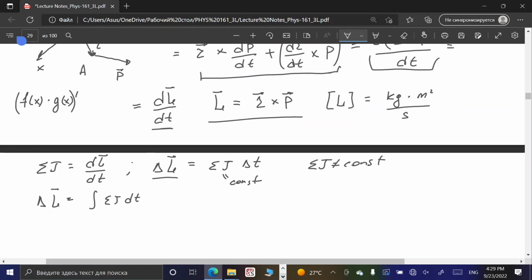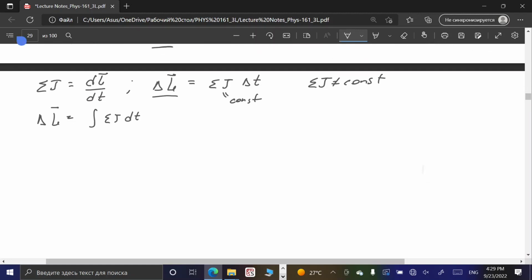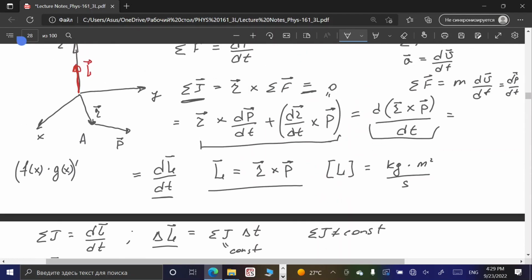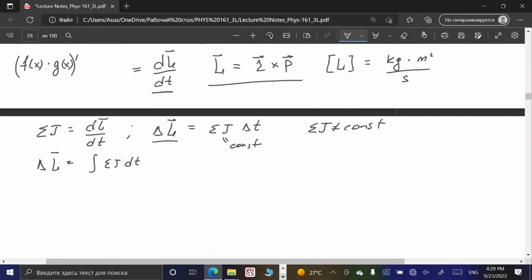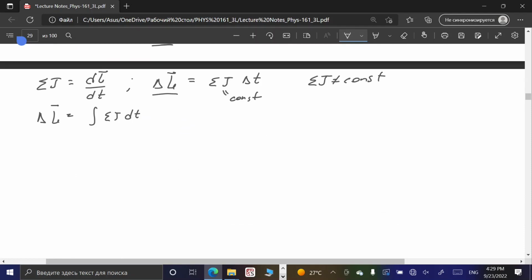So now let us consider angular momentum vector of a rigid body. So far we had just some point body A. Now let us consider what we will have with a rigid body. Before we start with that, I need to highlight that we will consider the most simple case when we have a symmetric body and the axis of rotation goes through the center of mass.